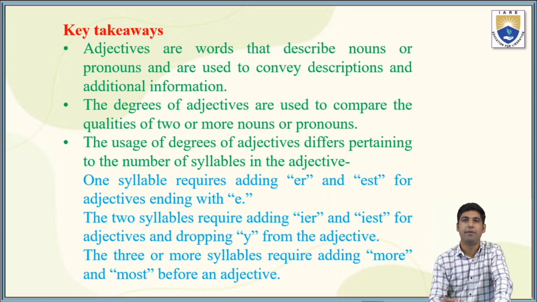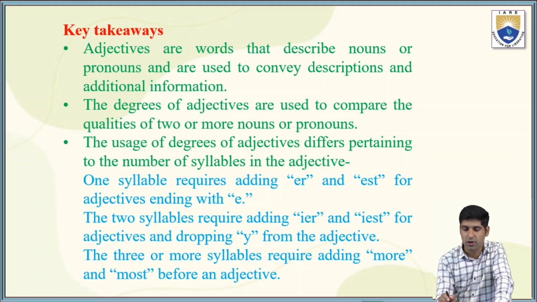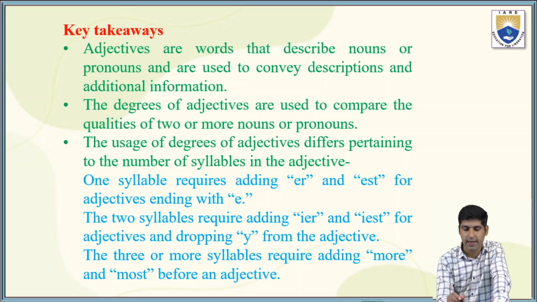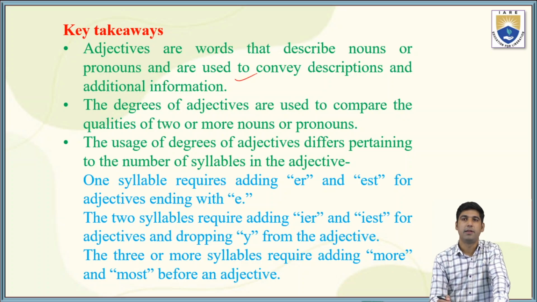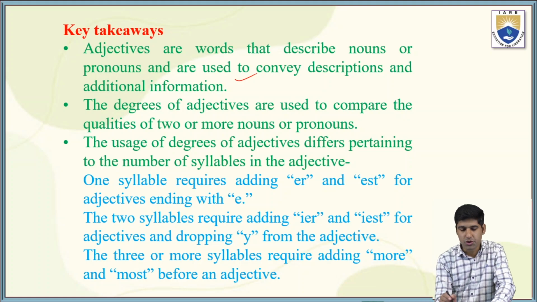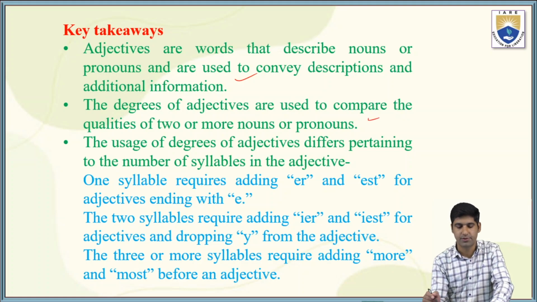Then there are some takeaways which you can take with you after this class. Adjectives are words that describe nouns or pronouns and are used to convey descriptions and additional information. The degrees of adjectives are used to compare the qualities of two or more nouns or pronouns.